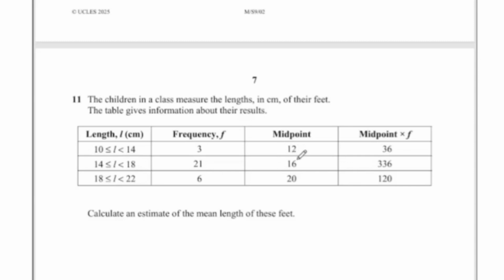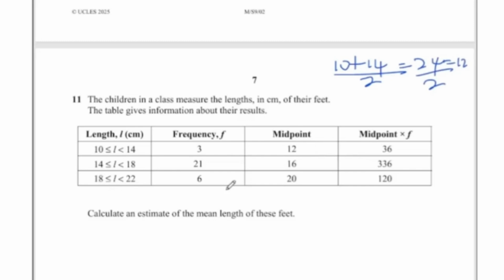Okay, now what's the midpoint? This is grouped frequency data, so the midpoint is the center of each group. To get 12, we do 10 plus 14 over 2, which gives us 24 over 2, which is 12. So that's how we get this.